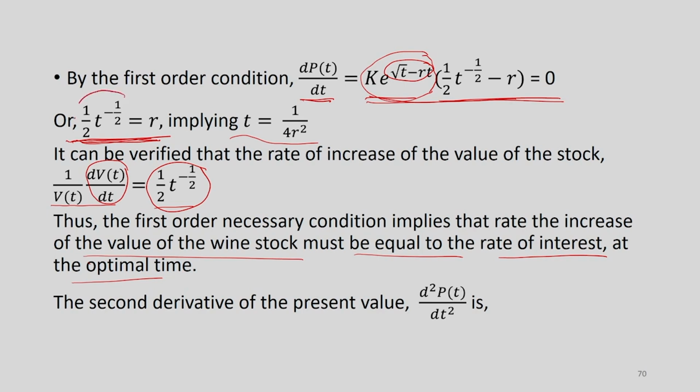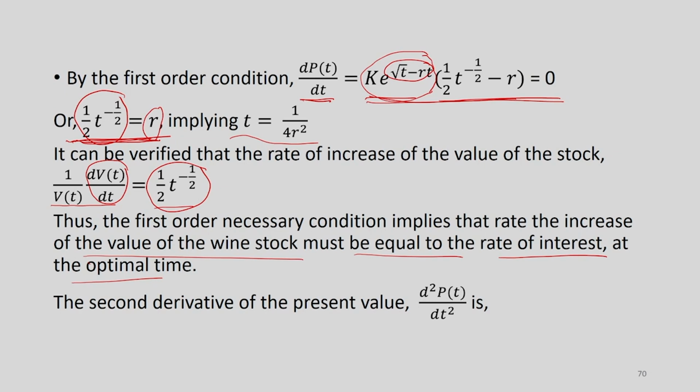On the other hand, there is the rate of interest, which can be thought of as the opportunity cost. Instead of putting your money in stocking the wine, if you put it in the bank, then r is the rate of interest that you get. So, at the optimal time, these two sides must match with each other: the rate at which money grows in the bank and the rate at which the value of the wine stock grows in the cellar.